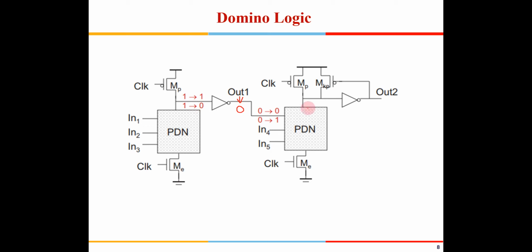So at this node it can remain on a 0, or it can go from 0 to 1. Since you are not having a transition, when does the problem come? If there is a transition from 1 to 0, during 1 it will start discharging. So that issue is not available in the dynamic logic.